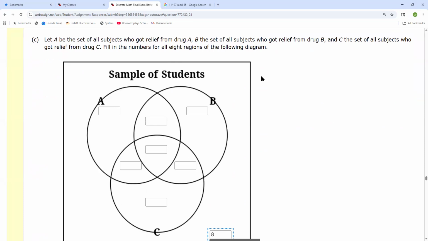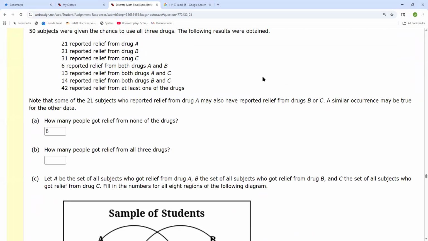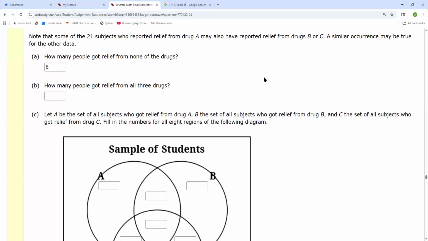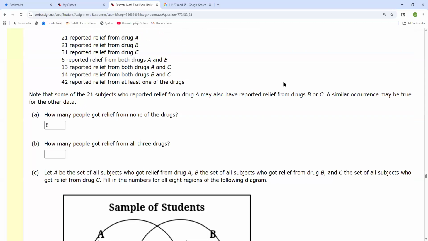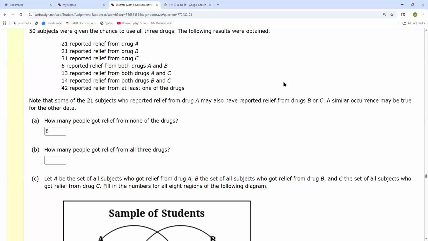Unfortunately, I can't really write on the computer screen itself, but we have 6 for the top one, 13 for the lower left, and 14 for the lower right. 6, 13, and 14.